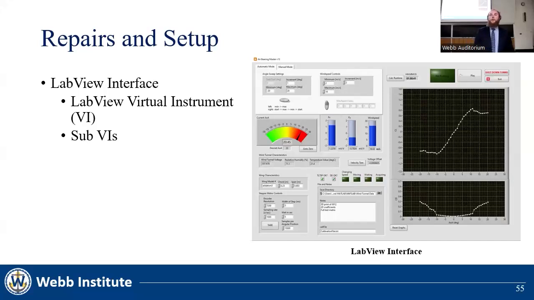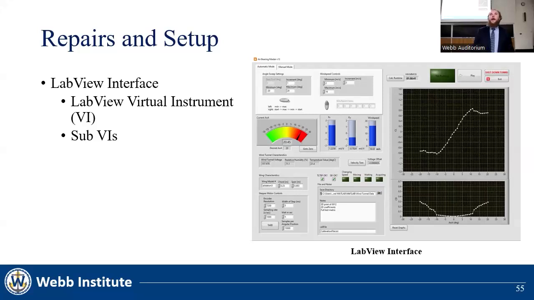This virtual instrument, or VI, allows for control and data collection from the tunnel, and this main VI is supported by hundreds of smaller sub-VIs. The wind tunnel LabVIEW interface allows for the user to input foil parameters and a testing matrix.